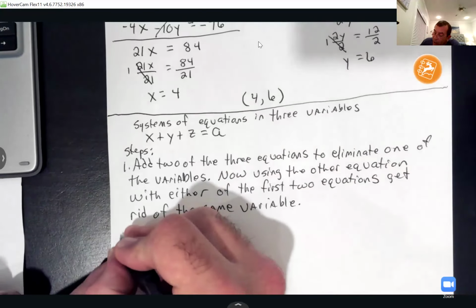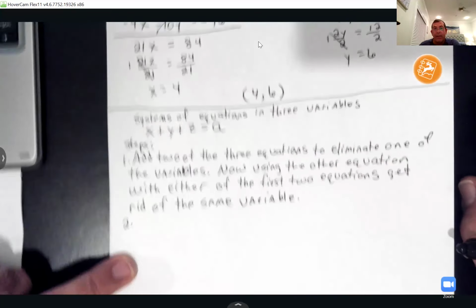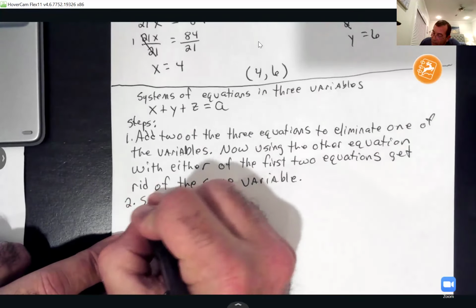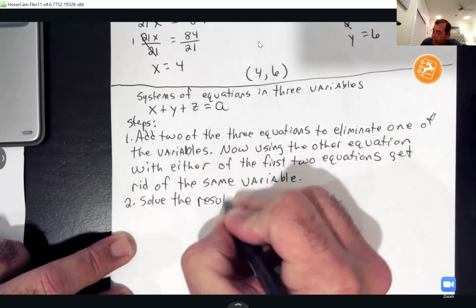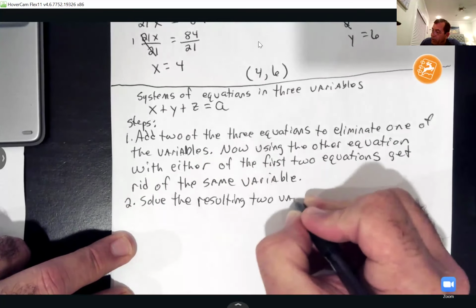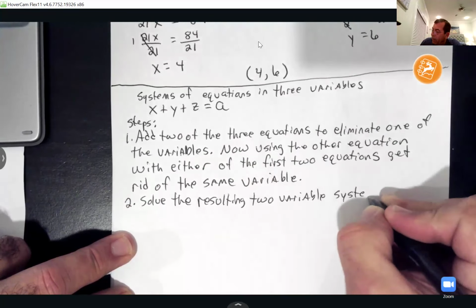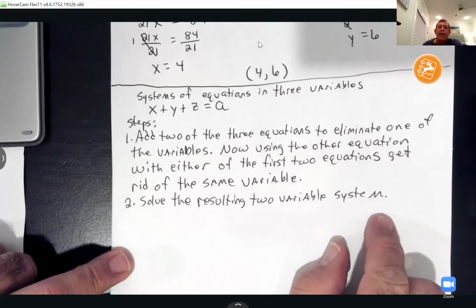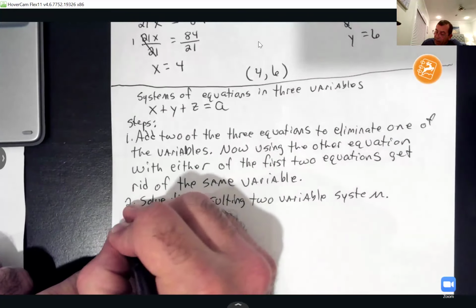Because at that point, y'all, we'll have a two-variable system. So we will solve the resulting two-variable system. Remember, when I do that, that's going to get me down to one single answer eventually.